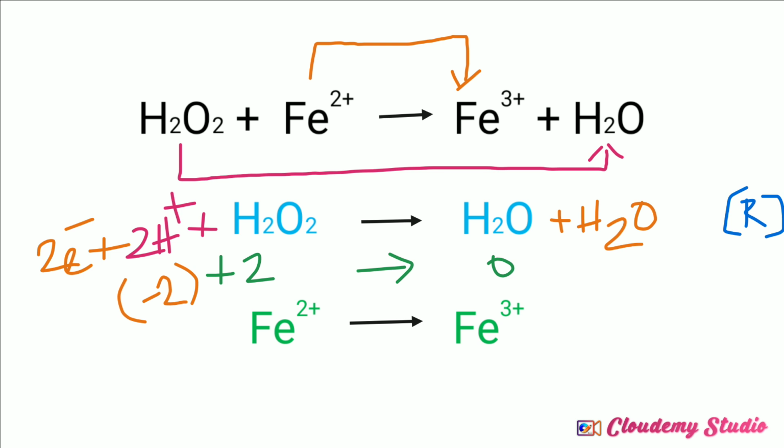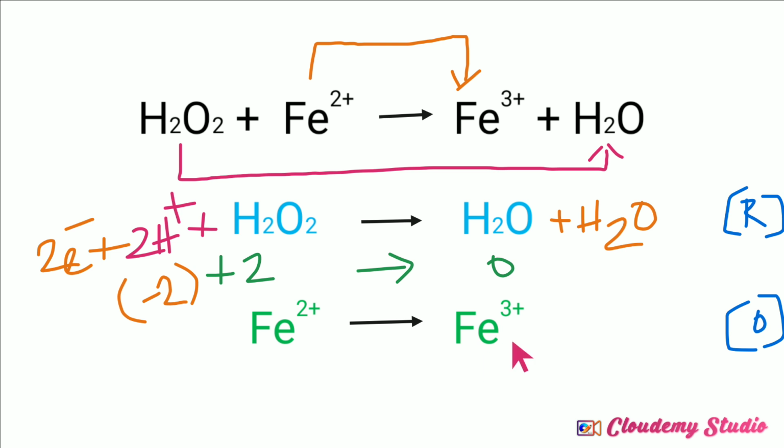The next half reaction is the oxidation reaction, that is the conversion of Fe2+ to Fe3+. In this oxidation, the oxidation number goes from 2+ to 3+, an increase in oxidation number, therefore this is oxidation. In this oxidation reaction, what about the change of electrons?